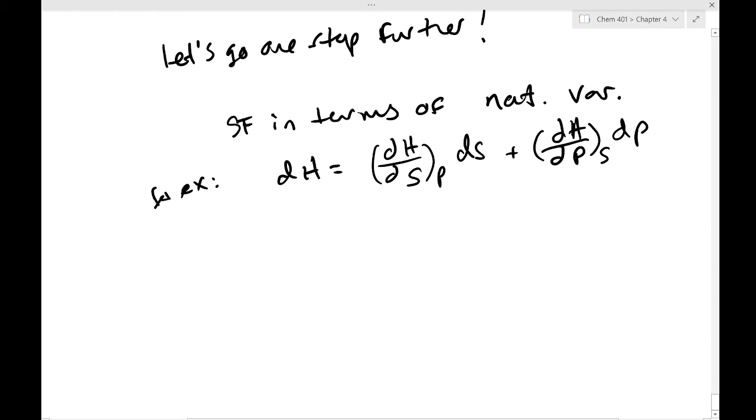Okay, all of these in general are going to have the same general form. They all have two terms.